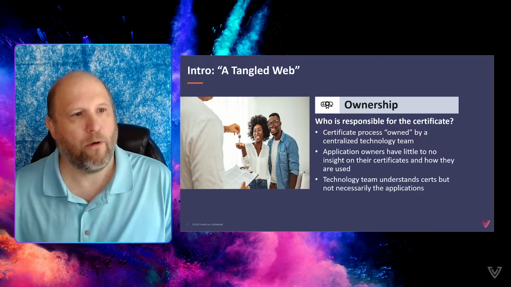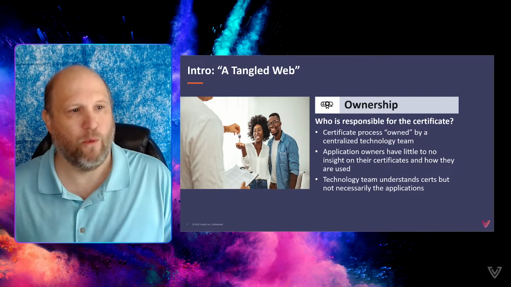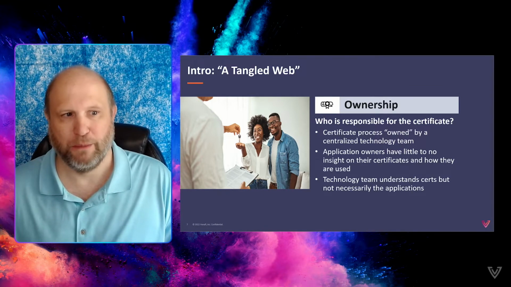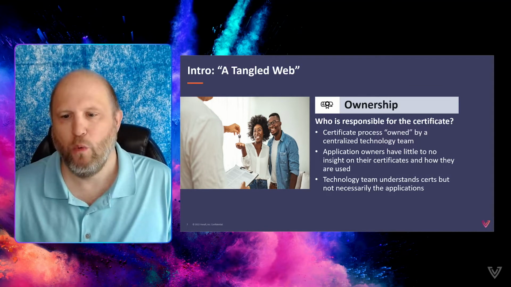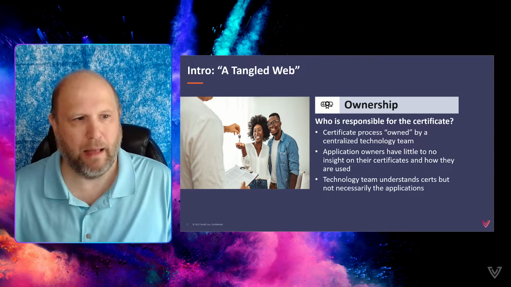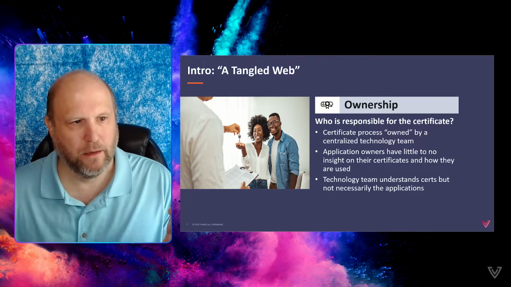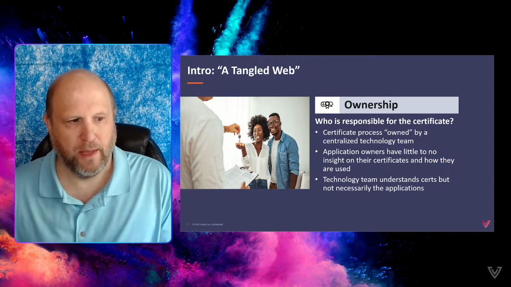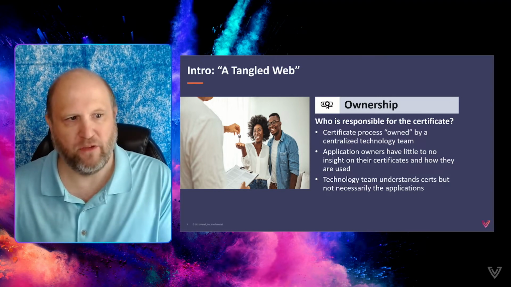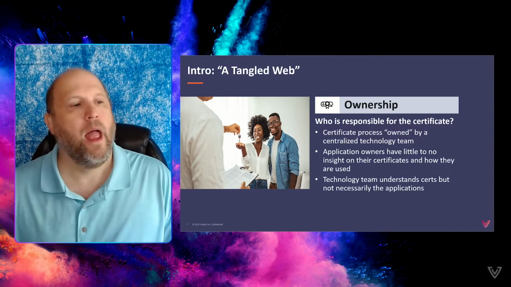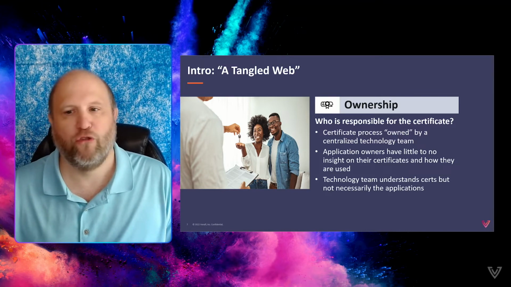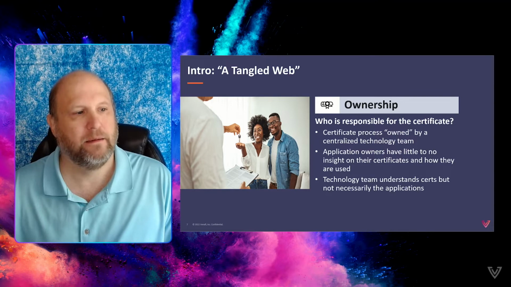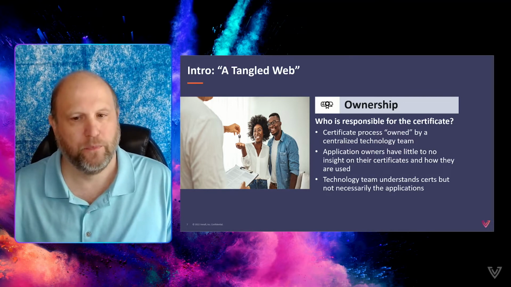So some of the problems that led to our Tangled Web were ownership, right? Who does the application certificate belong to? Is it the application team? Is it a technology team? Is it a security team? Understanding who should own that certificate was critical.